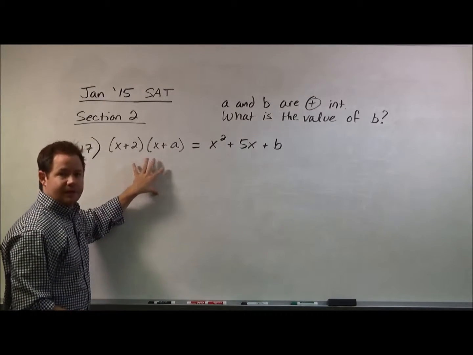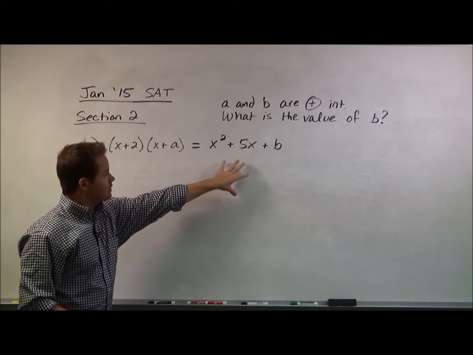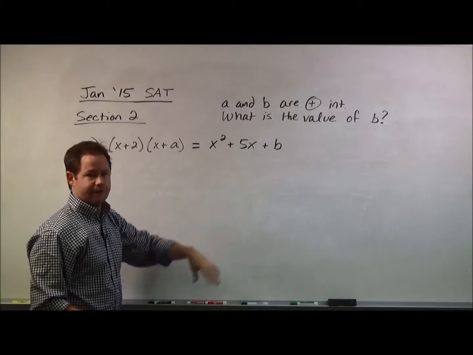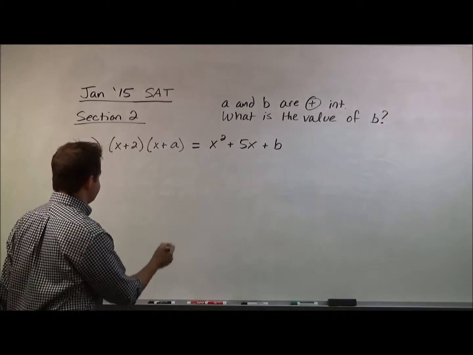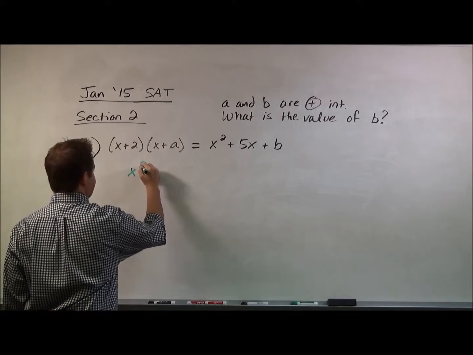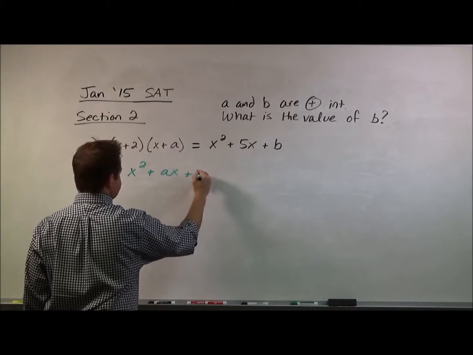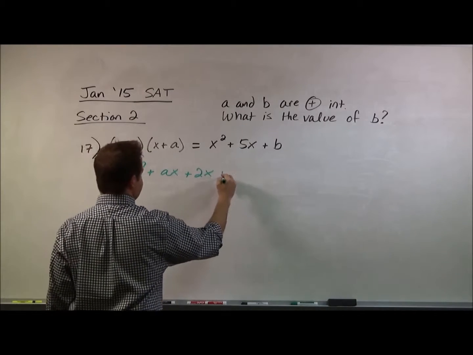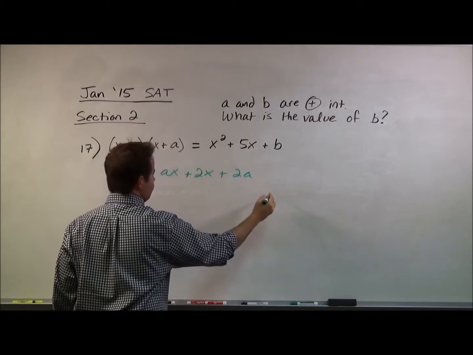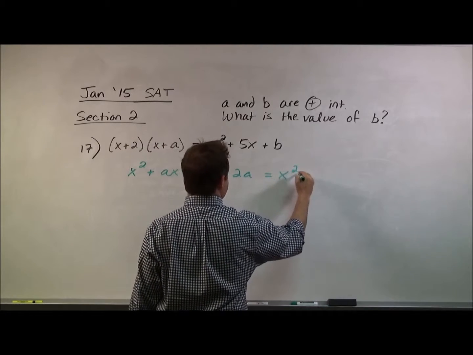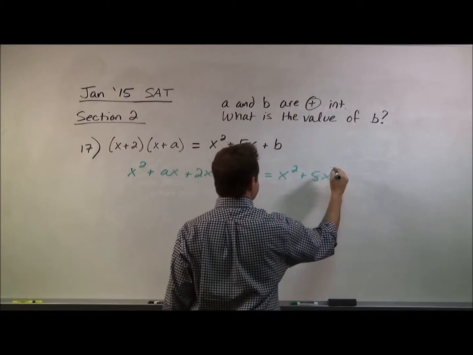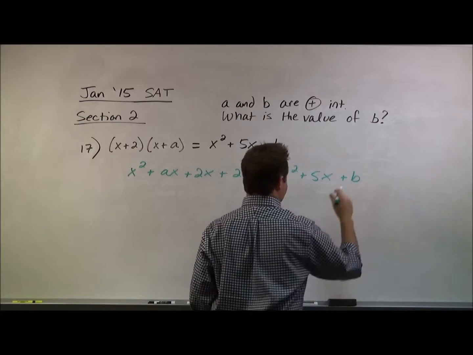So first off, we want to make this left side of the equation look more similar to what we see over here on the right, which means we're going to have to FOIL this expression, and that will give us x squared plus ax plus 2x plus 2a equals x squared plus 5x plus b.